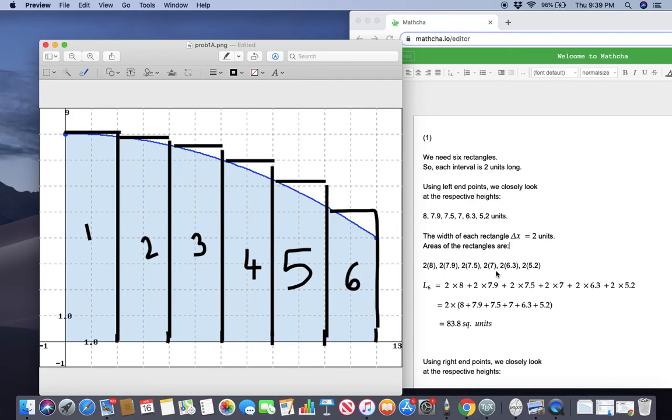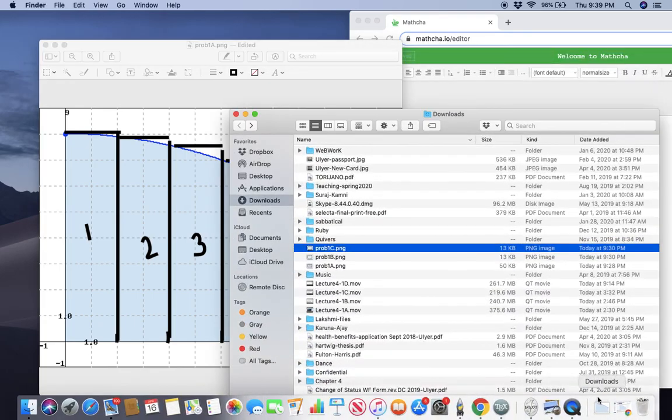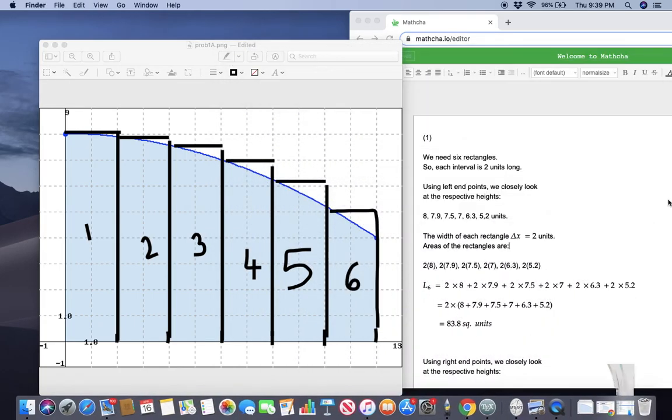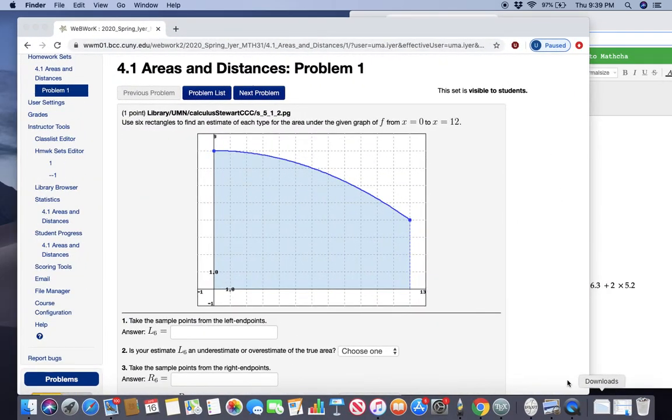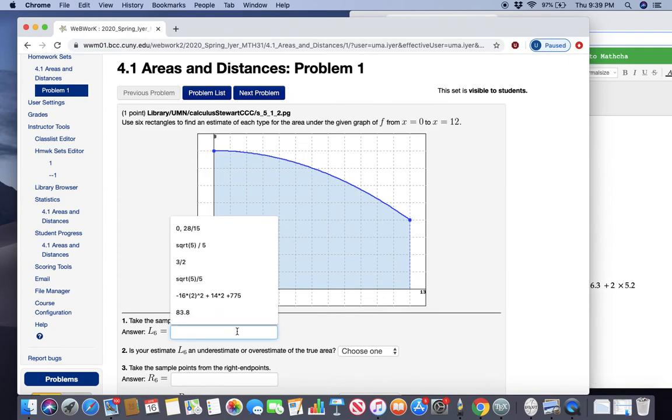I'm adding up all these areas. This is called left end point summation. It comes to approximately, with these numbers, 83.8. You will find a different number for your problem. So let me say 83.8.